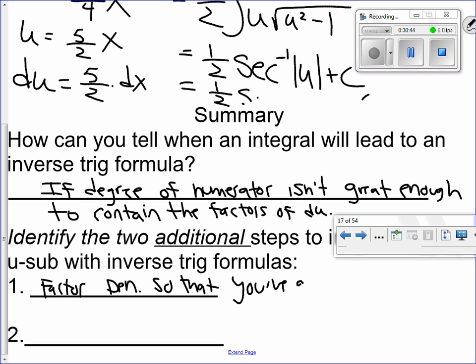So not a 1, you got to factor it out. And then once you've got your 1 in the denominator, you want to identify u squared.